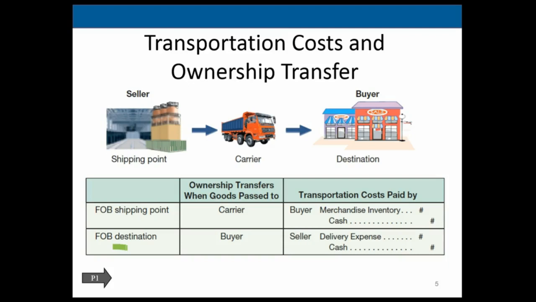That means that the shipment is generally, in that case, in the seller's hands, and therefore the seller will record the delivery as an expense, because they're recording the delivery of their inventory as an expense rather than us recording it as inventory, which would be including it in the inventory. And there are also legal issues. What if pirates took the ship in transit? Who's responsible for the goods when it is in transit?